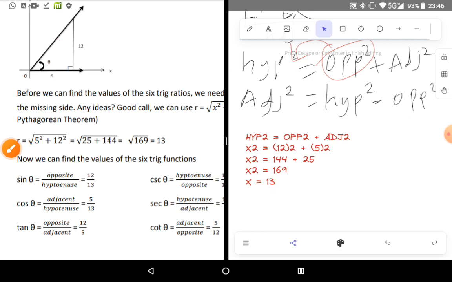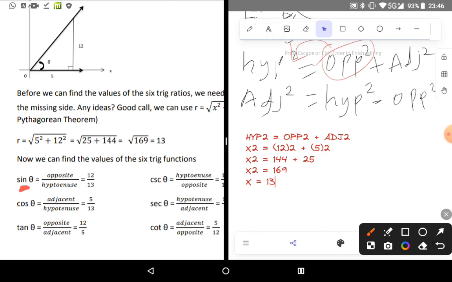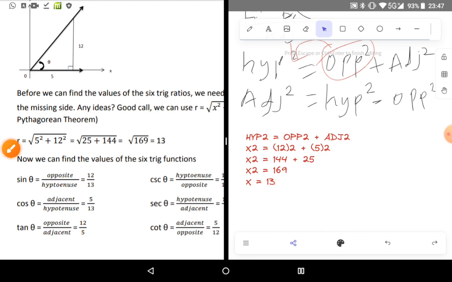So that being said, to find whatever value, let's say for instance sine theta, that is when we now have to work on what we have under our SOHCAHTOA, where we have to now look through the formula.